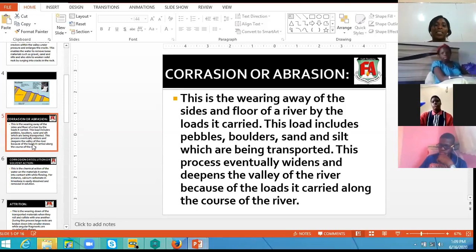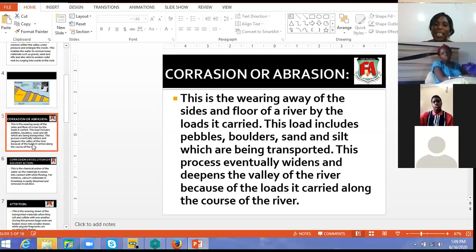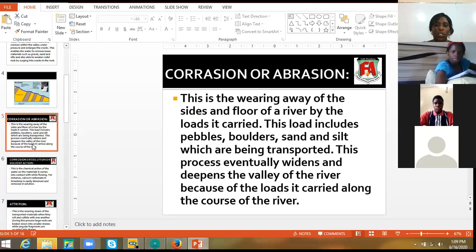Now, this is the wearing away of the side of a river or the floor of a river. How is it done? The load the river carries, they are either in pebbles, boulders, sand, silt, or debris, which are being transported. Now, as they are being transported, look at this diagram on this slide.